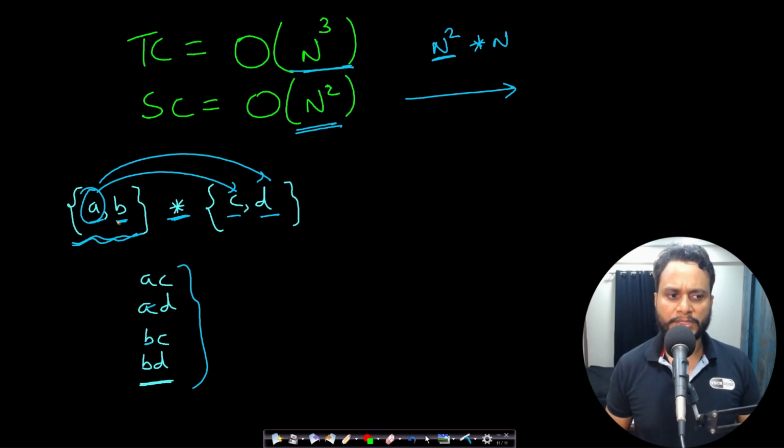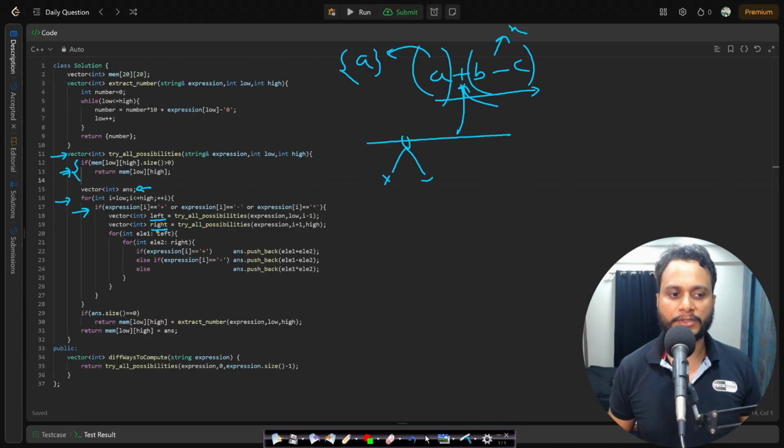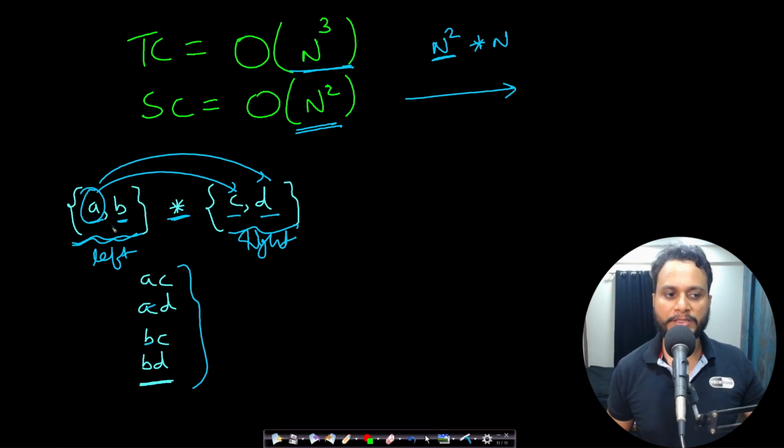As I had shown in the simple example, let's say this is the left part and this is the right part. Now when I get the left part and right part, I need to combine them both and get all possible results using the current operation. You see that these 2 loops are used for combining each item on the left side. That means for A, I will be iterating over C and D and combining A with both C and D using the given operator.